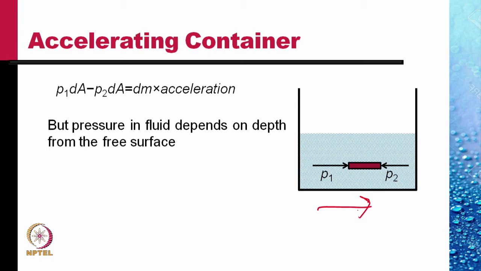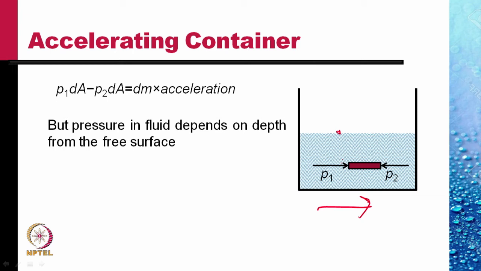But the pressure in fluids depends upon the depth from the free surface. If the fluid is accelerating in the horizontal direction, the fluid pressure variation in the vertical direction would not change. So the pressure at this point would be the atmospheric pressure plus rho gh. If the fluid is accelerating, P1 must be greater than P2.